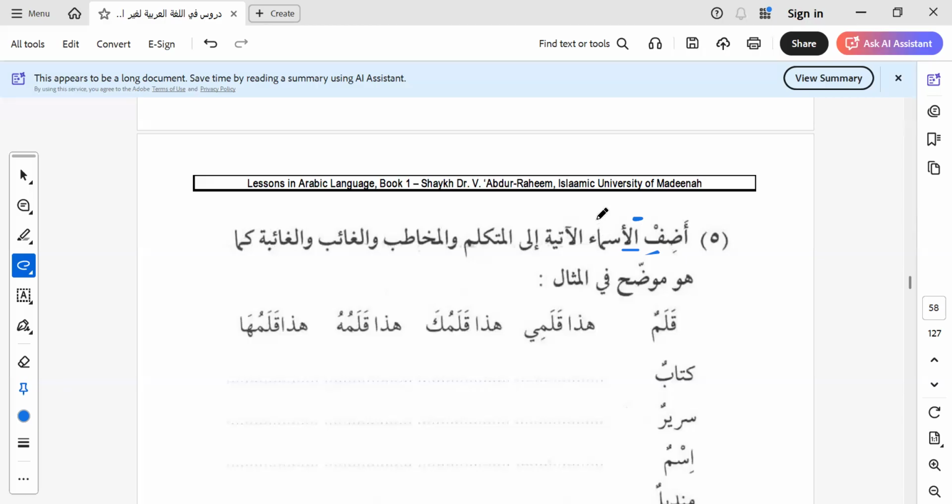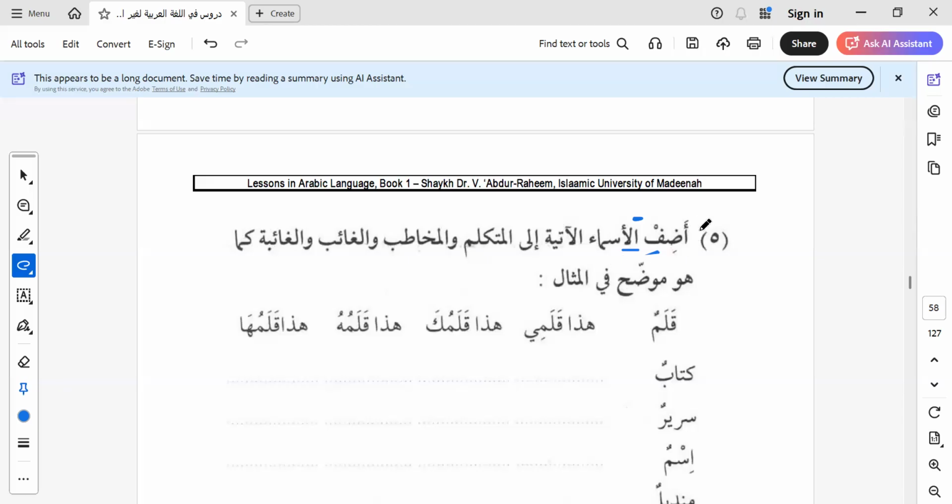أضف الأسماء الآتية إلى المتكلم والمخاطب والغائب والغائبة كما هو موضح في المثال. أضف الأسماء الآتية. Why أسماء الآتية? Because أضف is a verb.